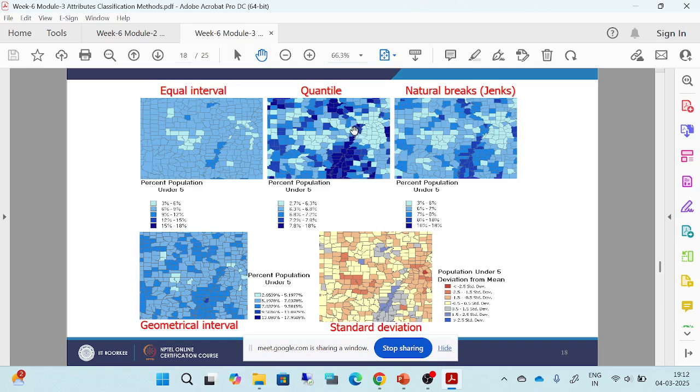So this is why, like sir has also repeatedly said, for somebody who is using GIS for analysis and modeling, different classification methods on the same data set, all using the same data set, give you different results. So the results are basically depending on the distribution of the data and statistics of the data.